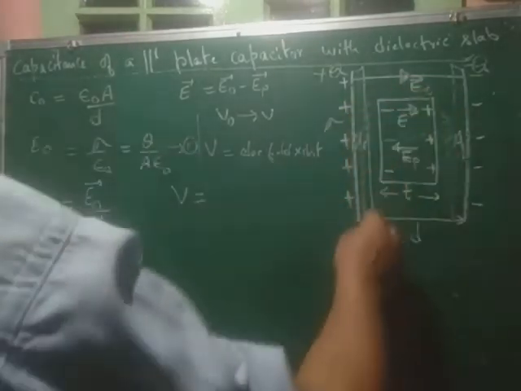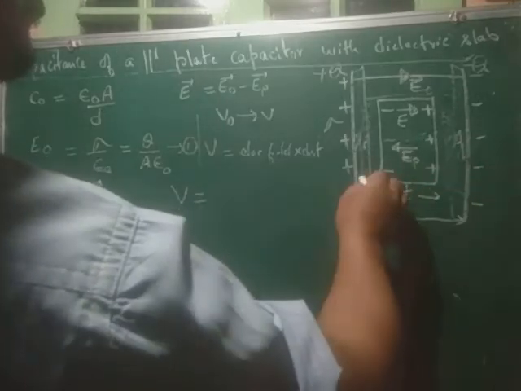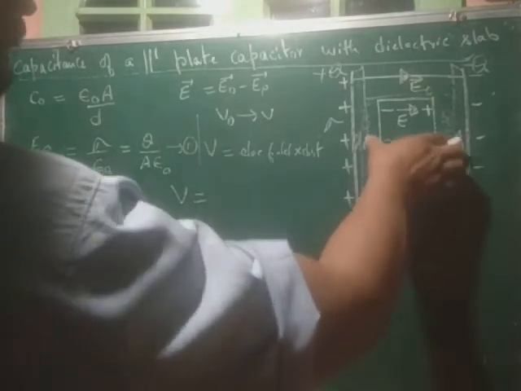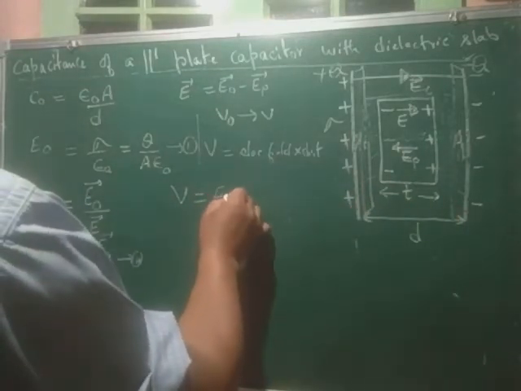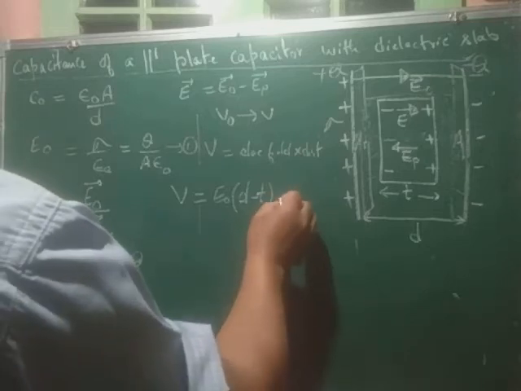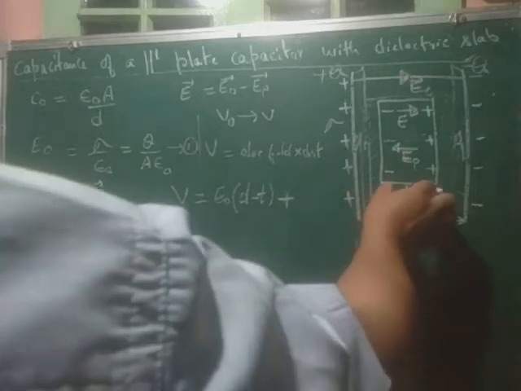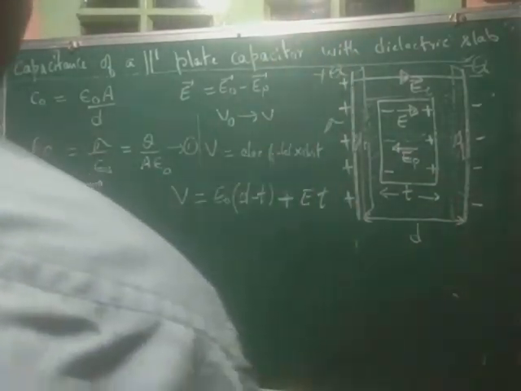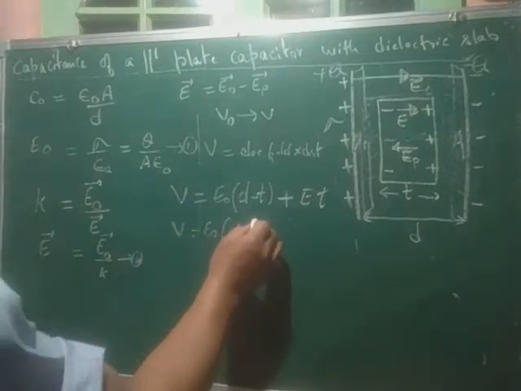Now E naught acts only over the free space, and the distance of this free space is d minus t. So the electric field E naught acts over a distance d minus t, plus the electric field E acts over the distance small t, so plus Et. Or V equals E naught times (d minus t).